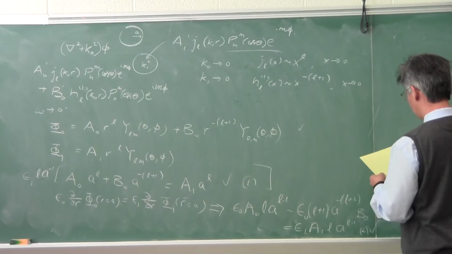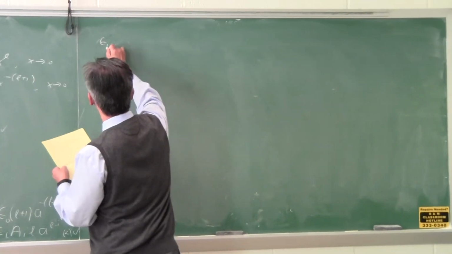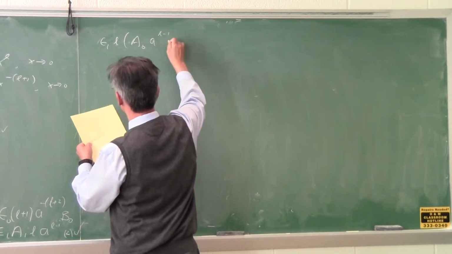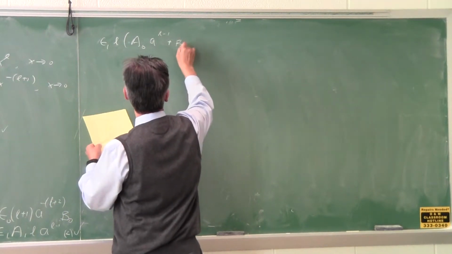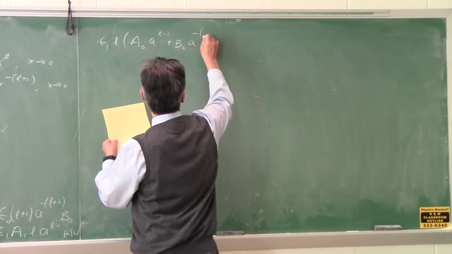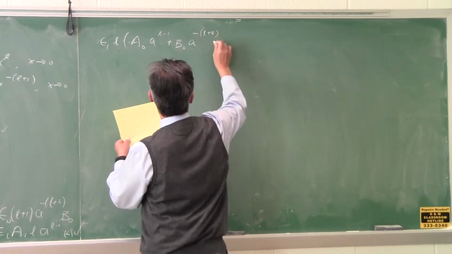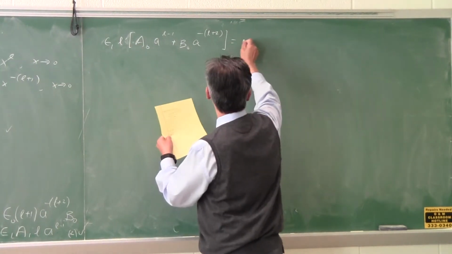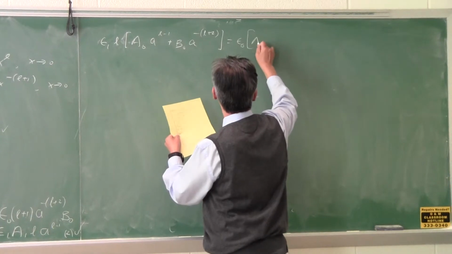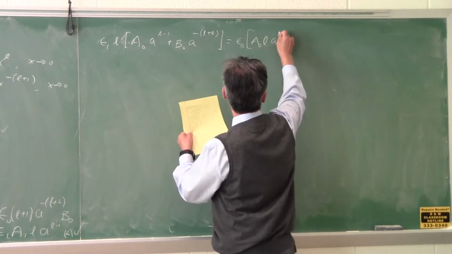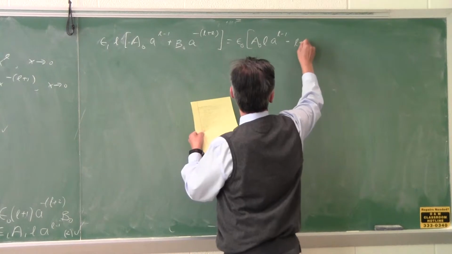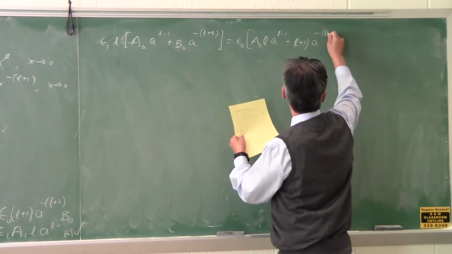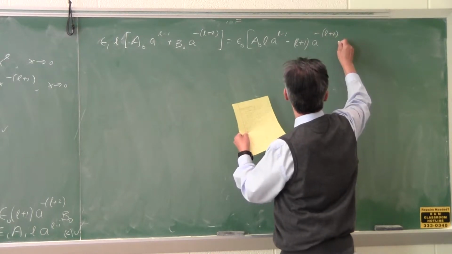I will get this equation for the left hand side: epsilon 1 l, A0 a^(l-1) plus B0 a^(l+2), must be equal to (l+2) B naught.